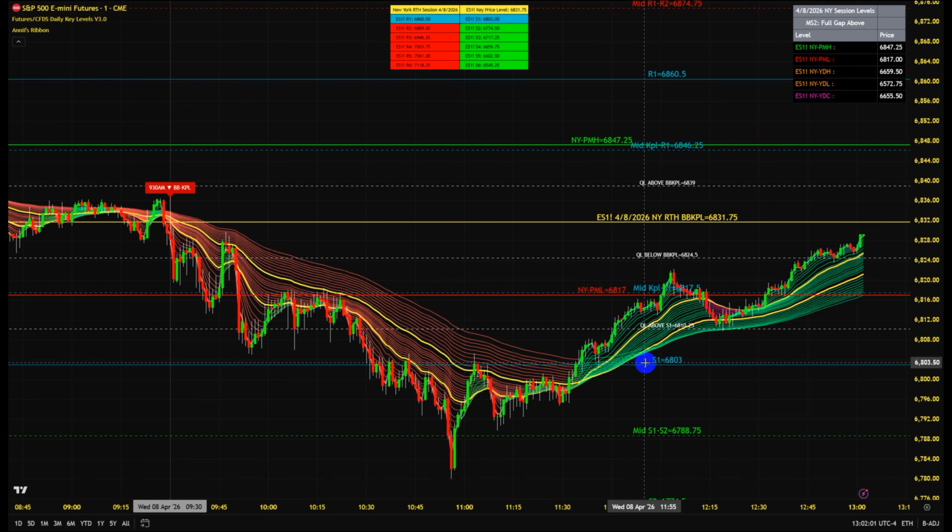The other options really just depend on where exactly your entry is relative to the key level in question. In this case, because this entry is right around this point here, it's above the QL level below. So here you have the New York pre-market low.